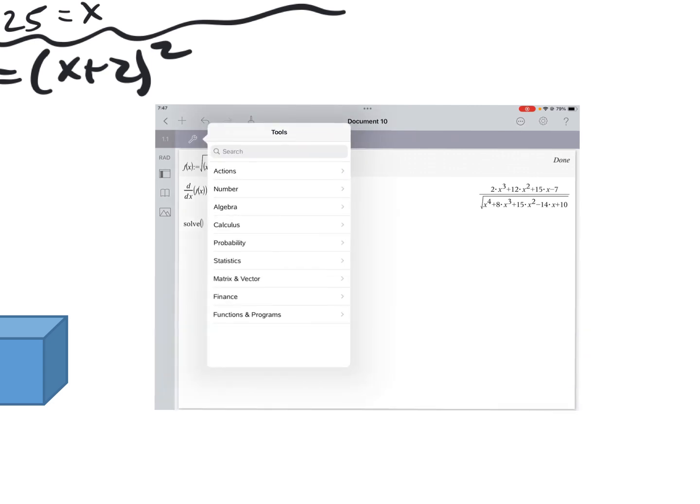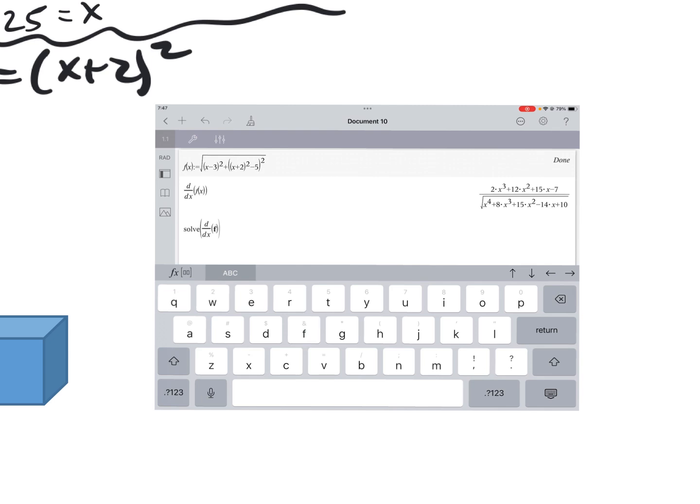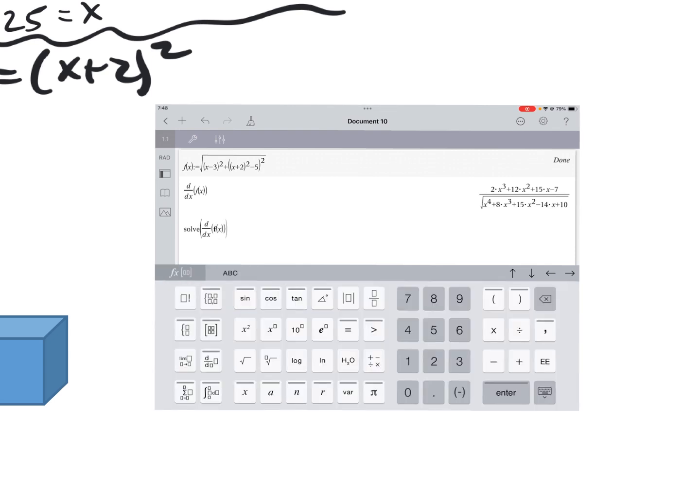So we're going to go to menu, calculus, derivative. Okay. And the derivative of f of x, get out of the parentheses, equal to 0. So we want that to be equal to 0, and we're solving it, comma, for x. Don't forget that comma x.